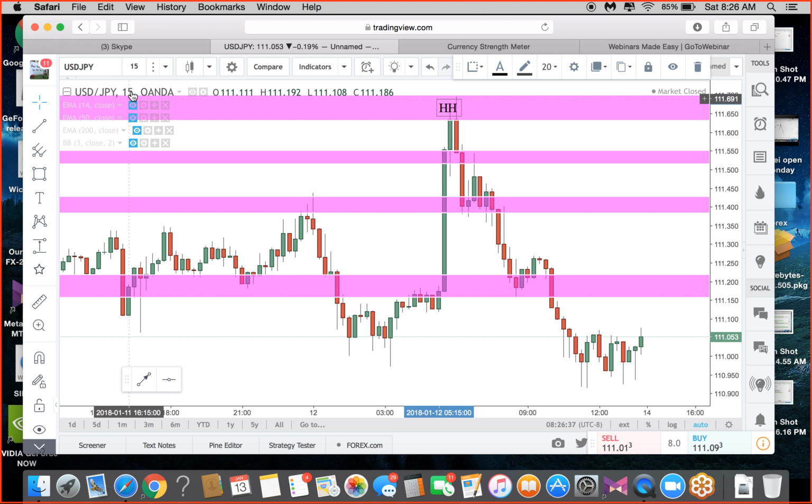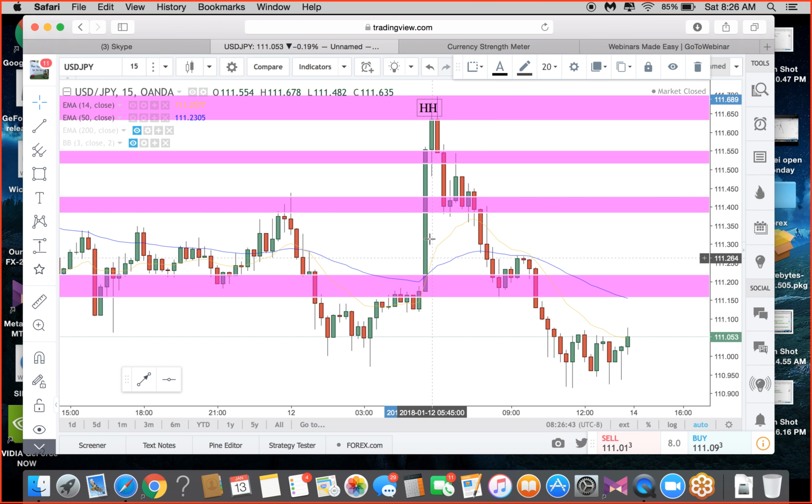And then if you're trading with EMAs, I don't know if you're using the 14 and the 50 EMA, but if you are, just use the 14. Okay, cool. When price is this far away, the reason I like to add the 14 and the 50 is that it gives me a more solid idea of momentum, etc. But when you're this far away from the EMA, it's going to act as a magnet.